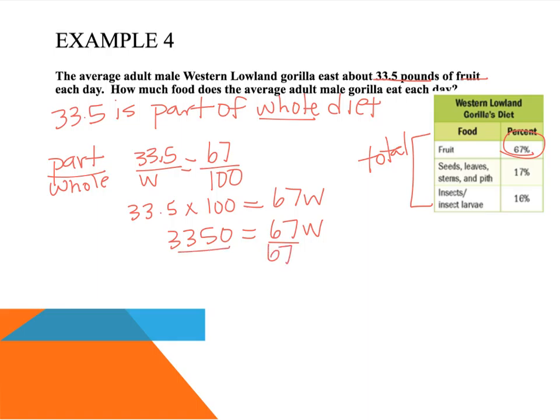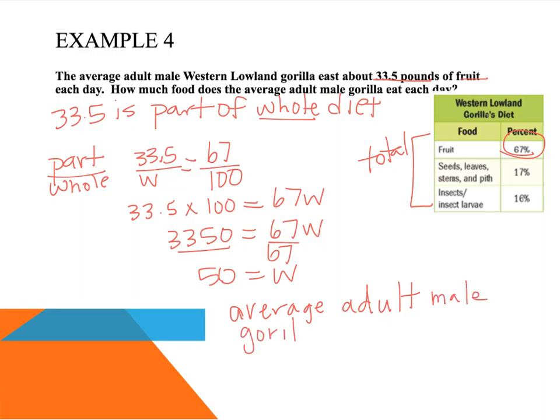Divide by 67, and I get 50 is equal to W. So what does that mean? It means the average adult male gorilla eats 50 pounds of food a day. And that's your answer.